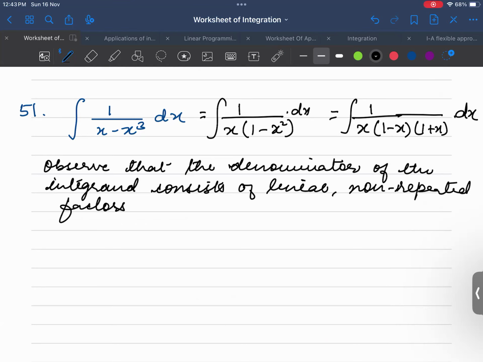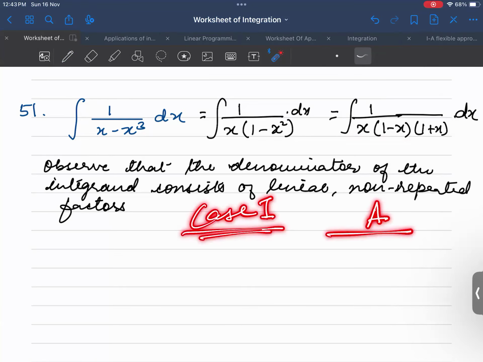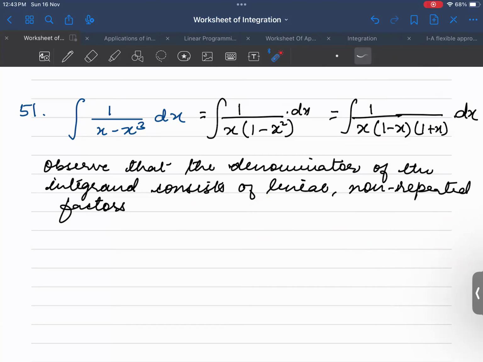They are non-repeated factors: x, x minus 1, and x plus 1. The three of them are the non-repeated factors. And when there are non-repeated factors, it is directly our case 1. I just explained case 1, where we have to keep a upon whatever the factor plus b upon whatever the factor, like this.